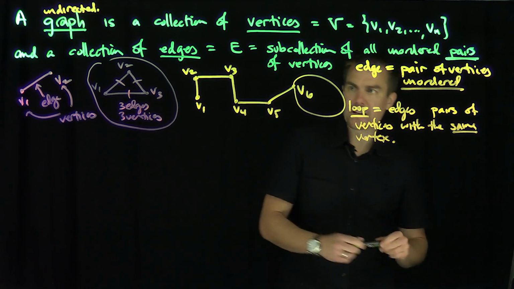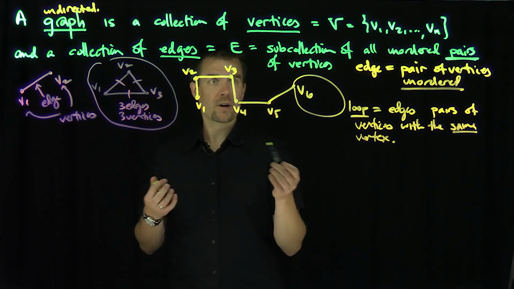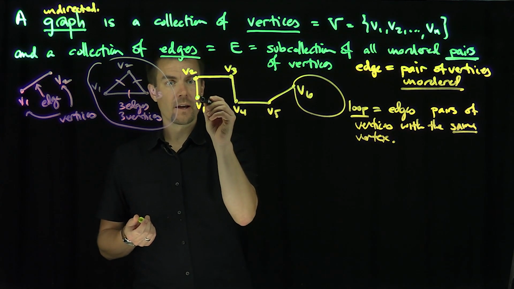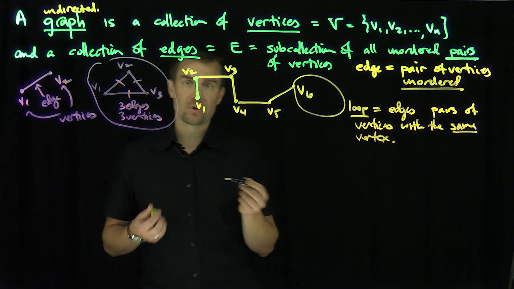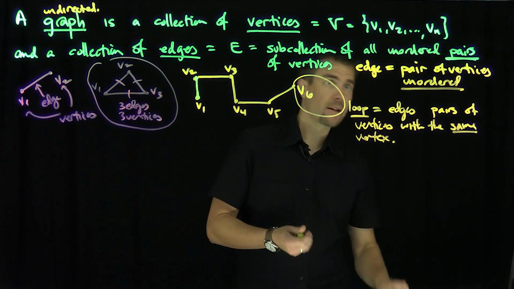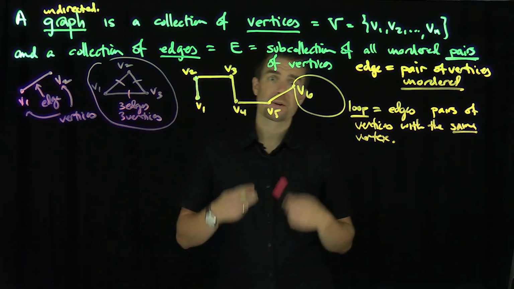But I'm very interested in the situation when I don't have redundancies, right? So for example, I could have a situation where I had a subcollection of all unordered pairs. I could have V1 and V2 listed once. I could have V1 to V2 listed twice. Or I could have V1 to V2 listed 3 times or 4 times or 5 times. In other words, in my list of pairs, I could have V1 to V2 listed a whole bunch of different times, and there'd be a lot of redundancy.